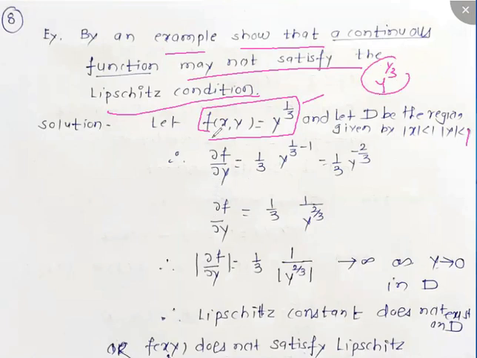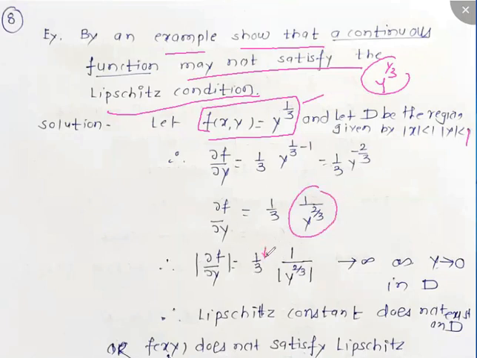Find out partial derivative with respect to y. So it is 1 upon 3, y raised to 1 upon 3 minus 1. 1 upon 3 minus 1 is minus 2 by 3. So it is 1 upon 3 into 1 upon y raised to 2 by 3. What is the modulus?